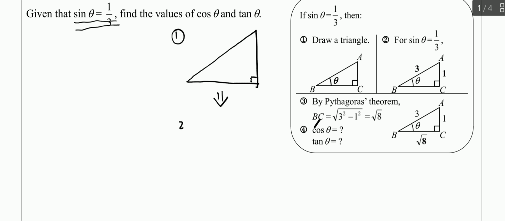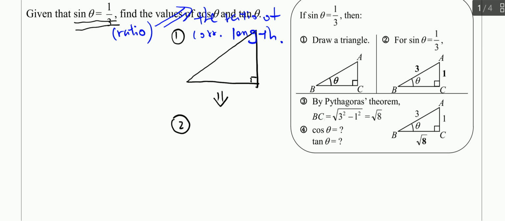Then for step 2, you know that sine theta equals 1/3, and sine, cosine and tangent are all ratios. So we can make use of the ratios to find the ratio of the corresponding lengths.